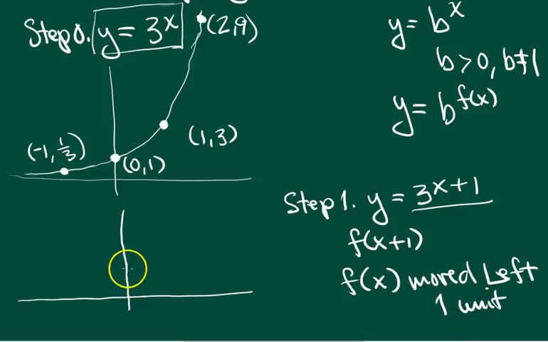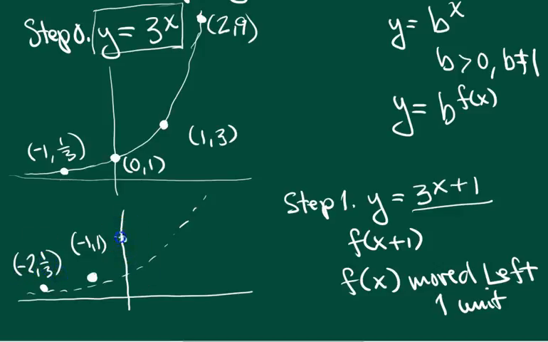Okay, so I have my step 0 here. I'm going to take all of the points that I know on that one and move them left 1 unit. So in particular, I have -1, 1 on this graph. I have -2, 1/3.